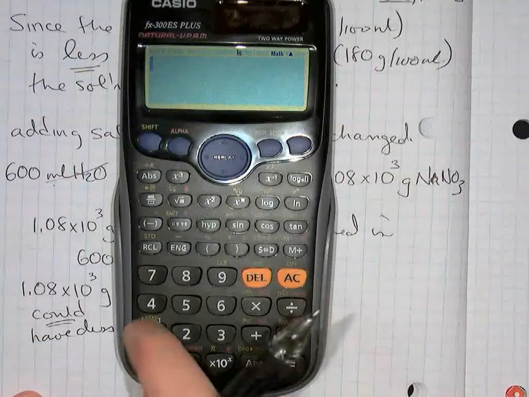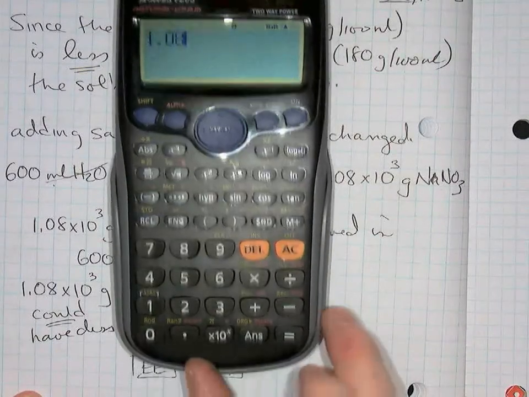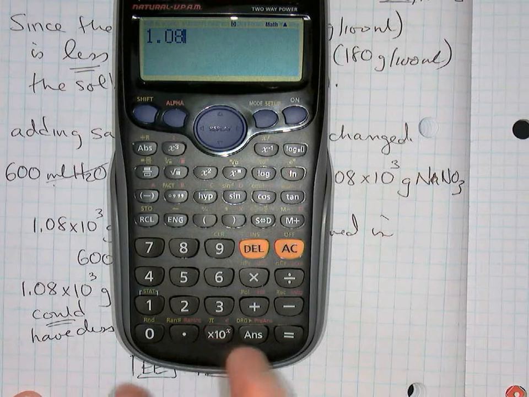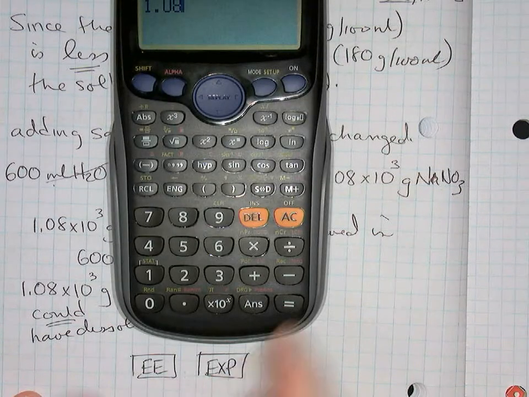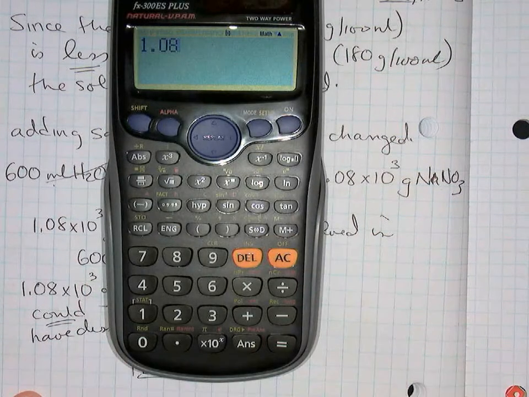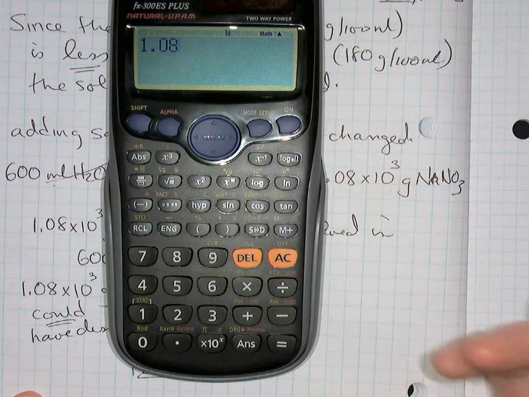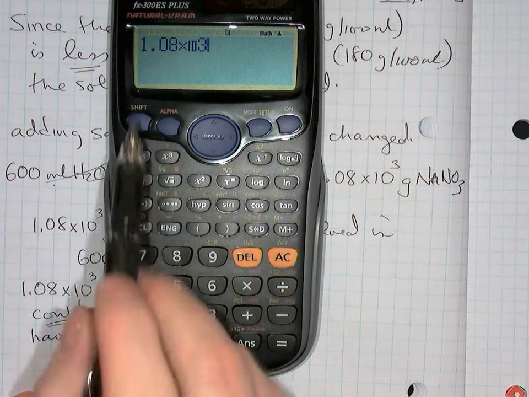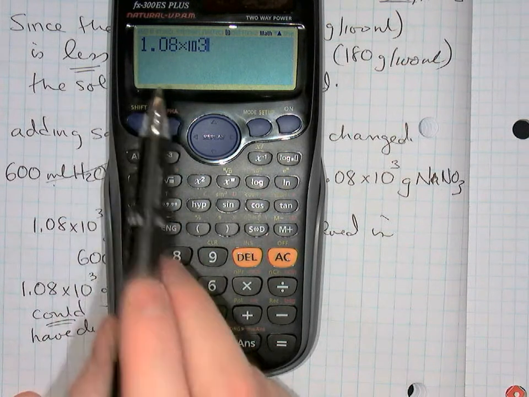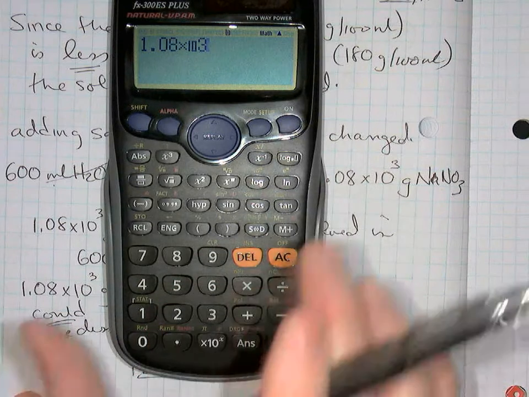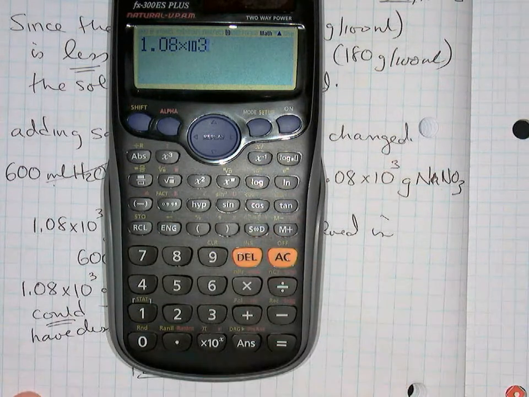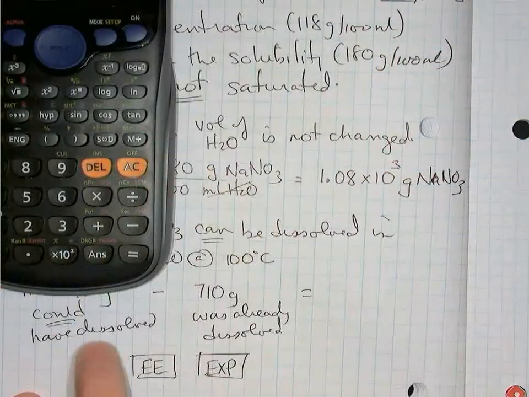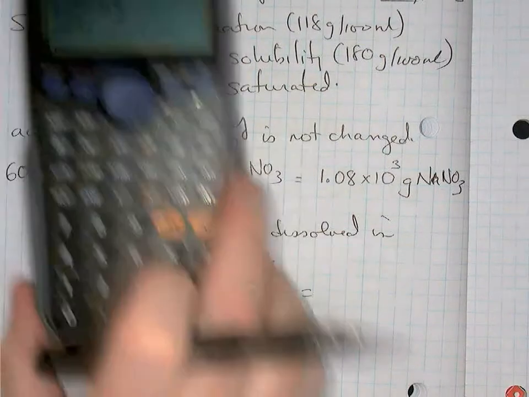So I'm going to type 1.08, then I push that button, and when I push that button, or one of these two, I say to myself in my head, times 10 to the power of, so times 10 to the power of 3. Okay, now on most calculators, it'll simply say 1.08 E3, which means the same thing. All right, so that's this number out front, minus 710.